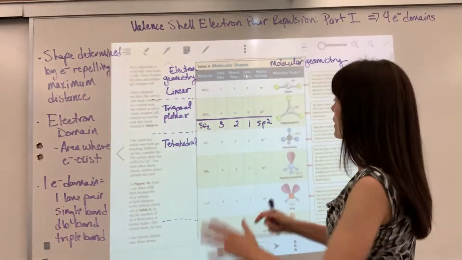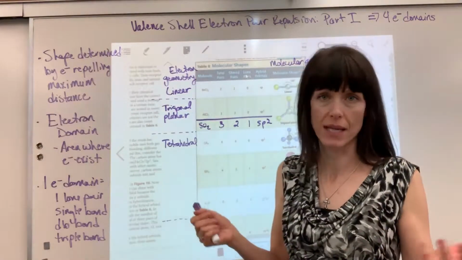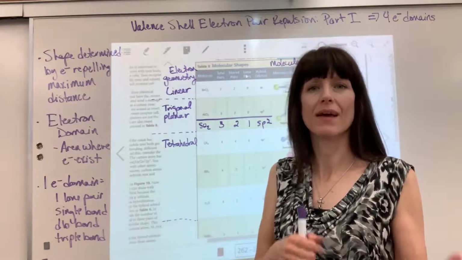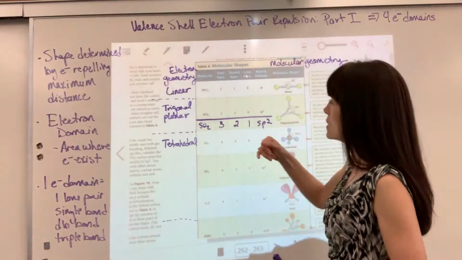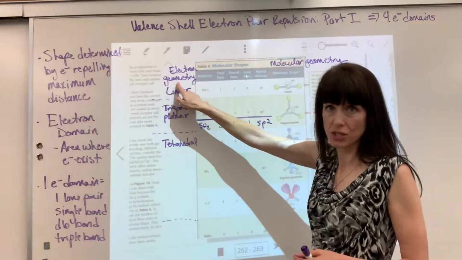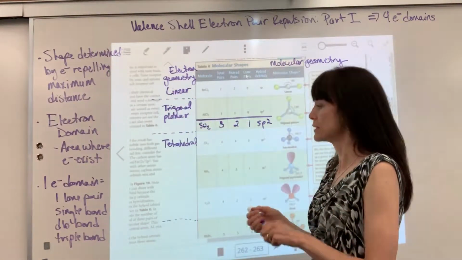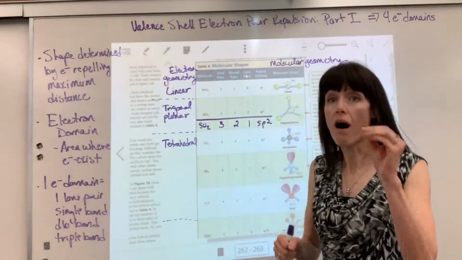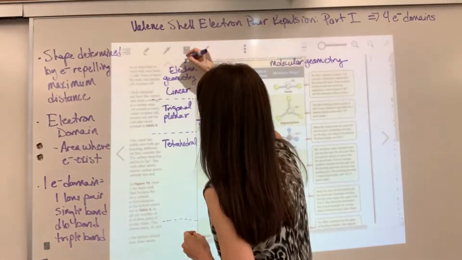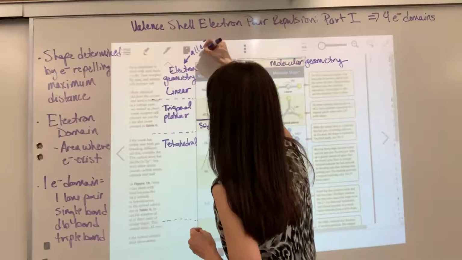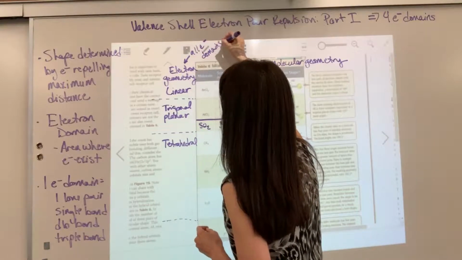Okay, so you can Google VSEPR tables. I'm going to help you read them and interpret what it means. So we have electron geometry. The electron geometry is based on all the electron domains, all areas where electrons exist.